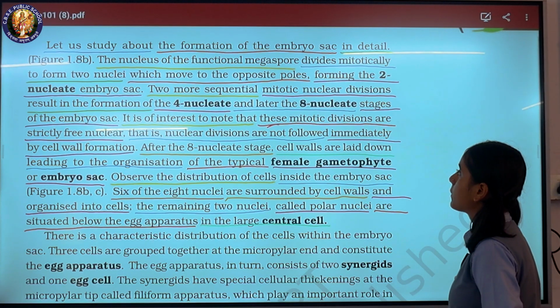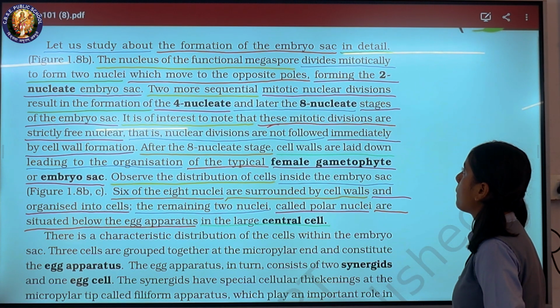Let us study the formation of the embryo sac in detail.